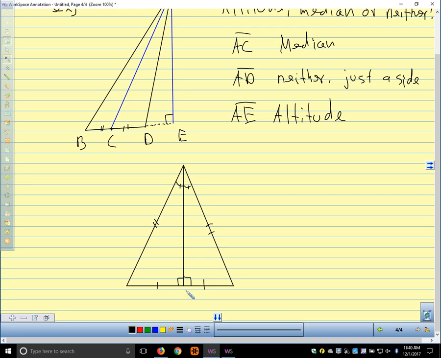Could we think of a triangle where, if we do those things to all three of the sides, all three of the segments that we draw are angle bisectors, perpendicular bisectors, medians, and altitudes? How about an equilateral triangle?